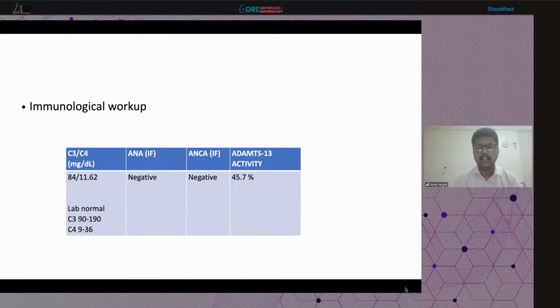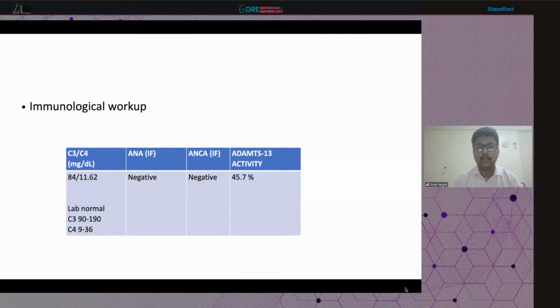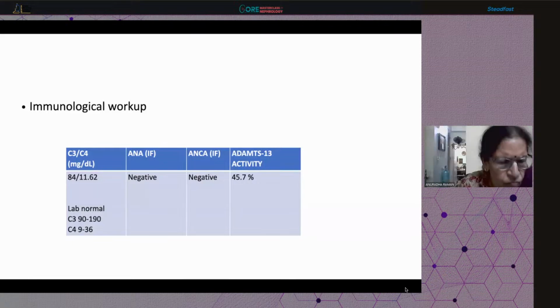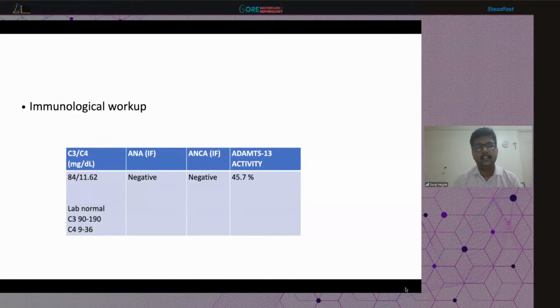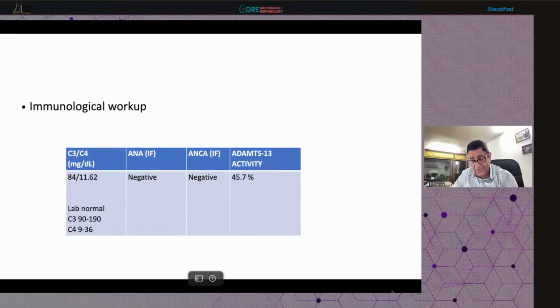Shiga toxin producing E. coli. Then pneumococcal, Streptococcus pneumoniae. Then Shigella dysentery, but the incidence has reduced. There was no history of any dysentery.